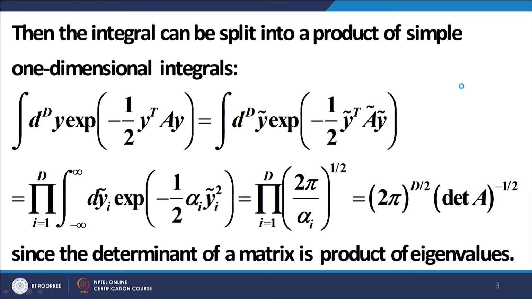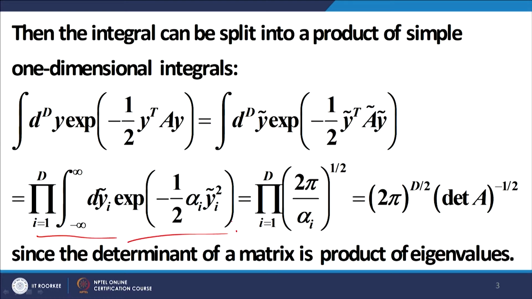So, now the important thing is that A tilde is a matrix which is diagonal, and the diagonal elements represent its eigenvalues. Therefore, because it is a diagonal matrix, we can split this integral into a product of D independent integrals, each of them containing one eigenvalue, and that is what is displayed in this expression.